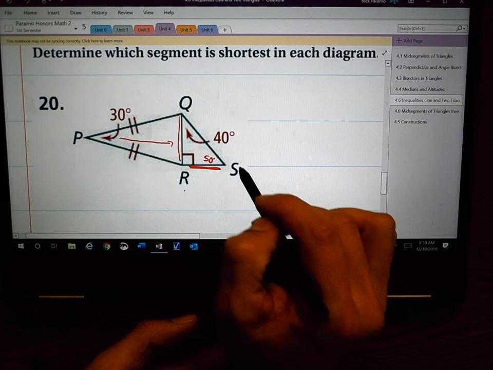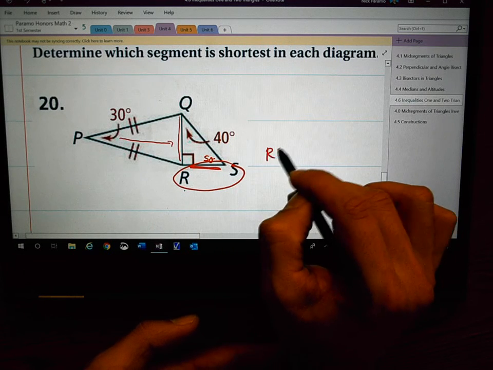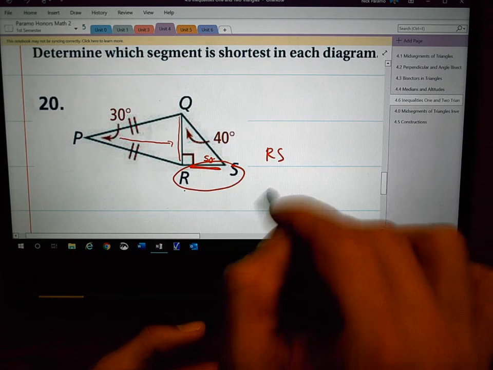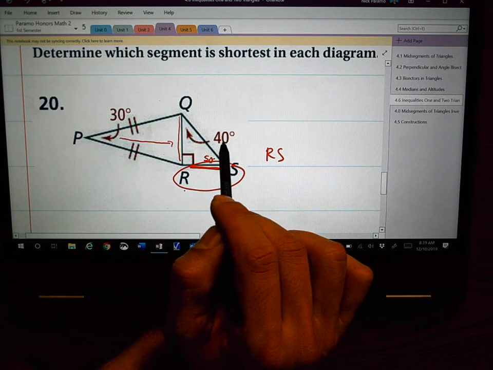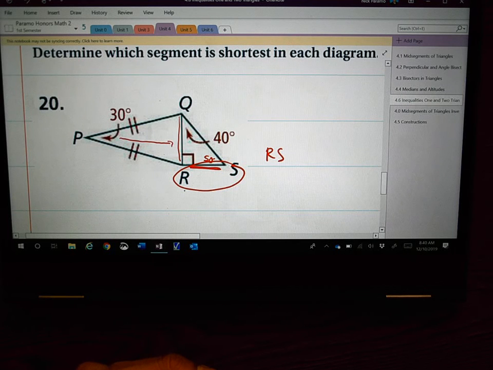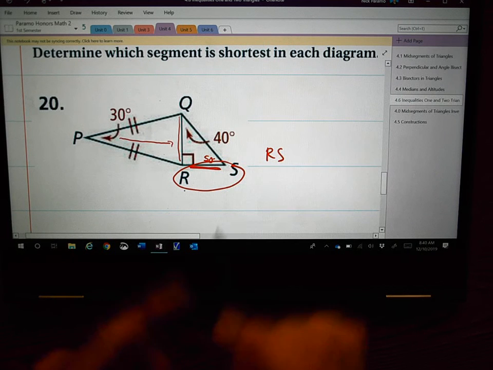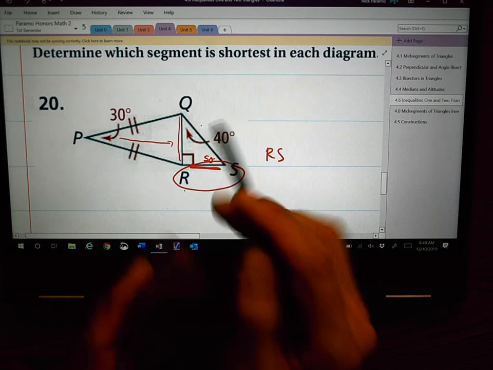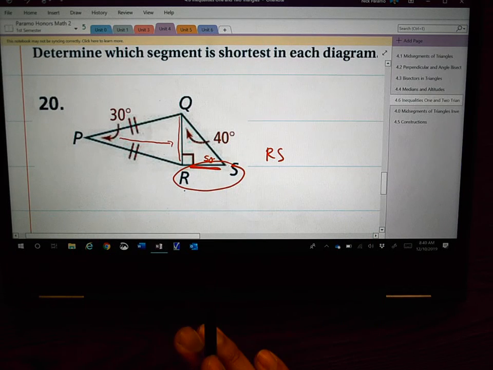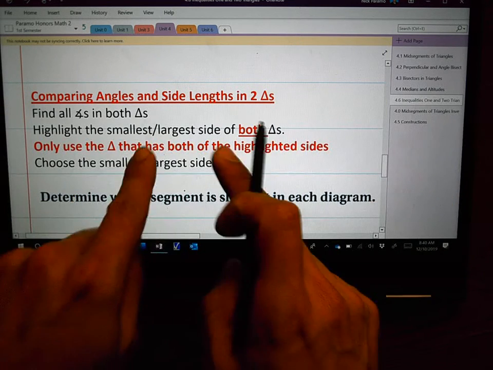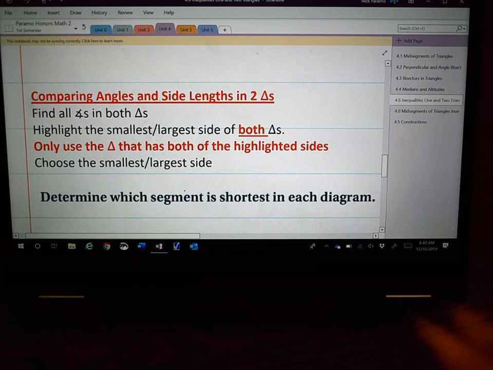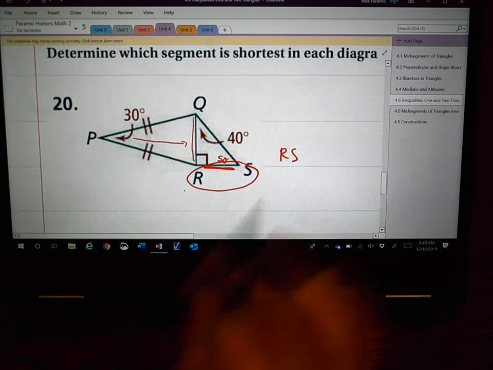So that must mean that RS is the shortest in this diagram, even though it's across from a 40 degree angle as compared to the 30 degree angle. This triangle on the right hand side compares both. And that's what I recommended you figured out. Highlight which angle has or compares both triangles.